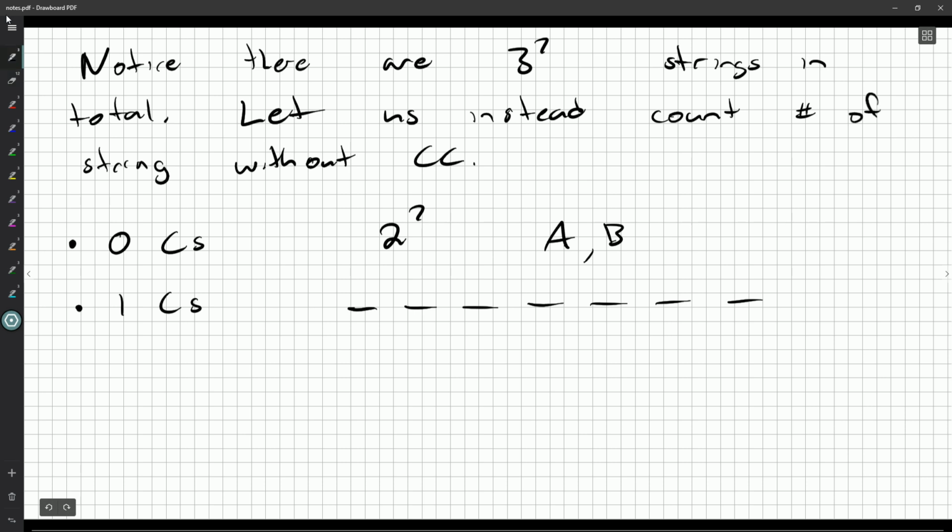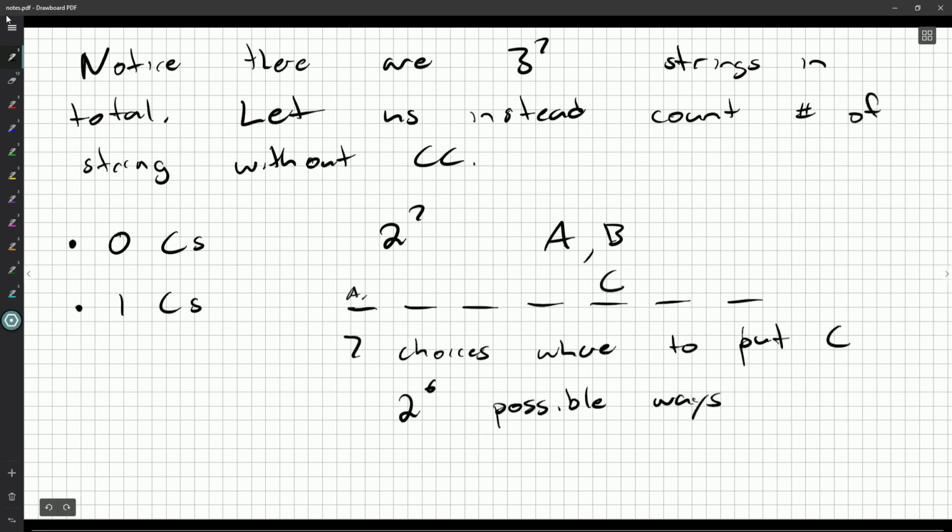But with just 1 C, and you probably want to explain this, 7 choices where to put C, and then 2 to the 6 possible ways. Because once I've got a C, then either it's an A or a B here, or an A or a B here. 2 choices everywhere else. So 2 to the 6 possible ways to pick the other letters.